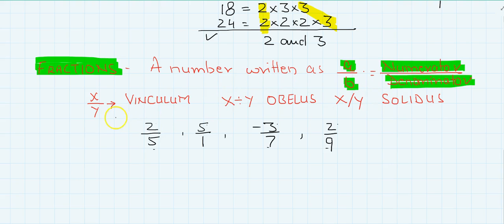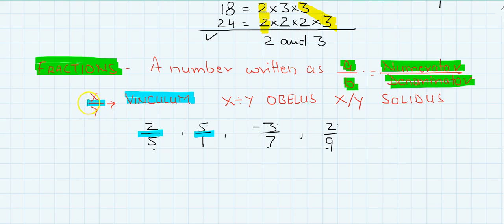Now the interesting thing is, sometimes this line between x and y, 2 and 5, 5 and 1, is called a vinculum.